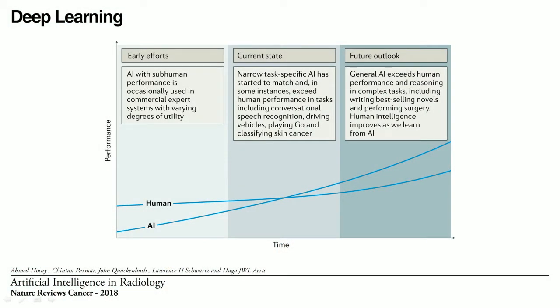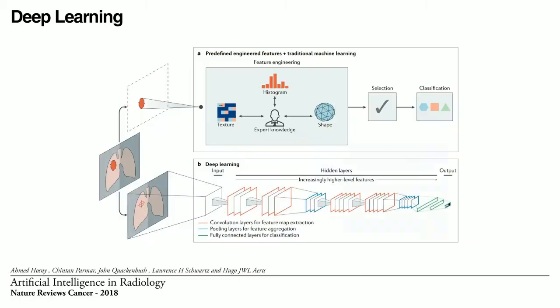As we've seen in previous talks earlier this morning, we are slowly moving away from the so-called expert systems that had varying degrees of clinical utility to more advanced methods that in very few instances start to match human level performance.